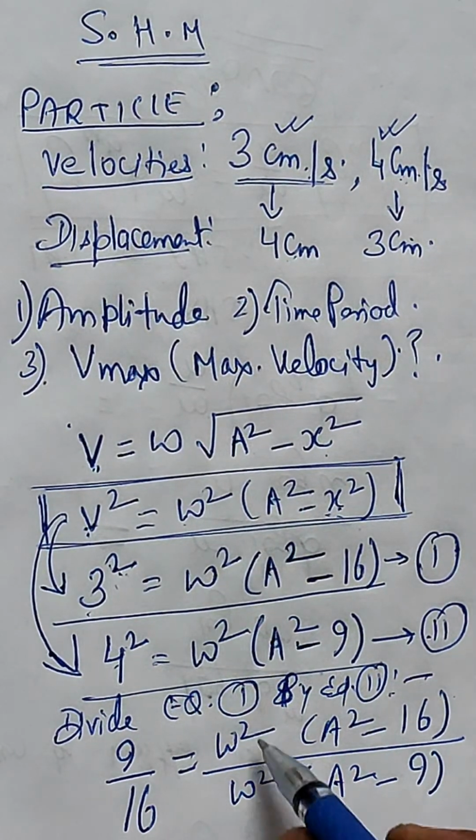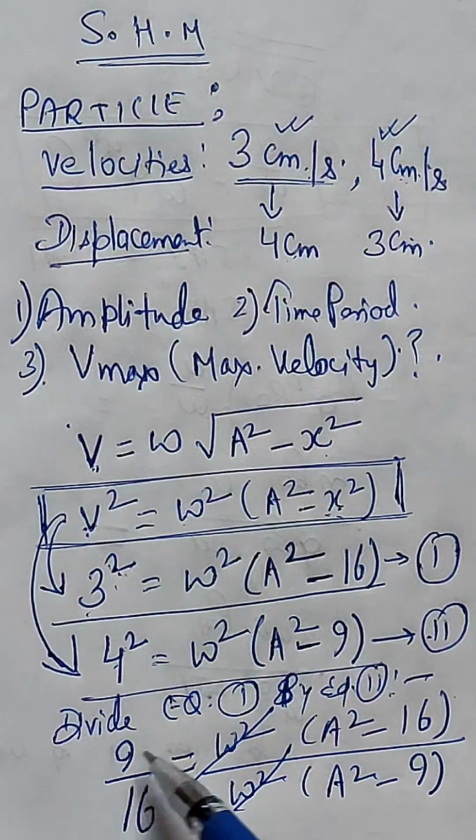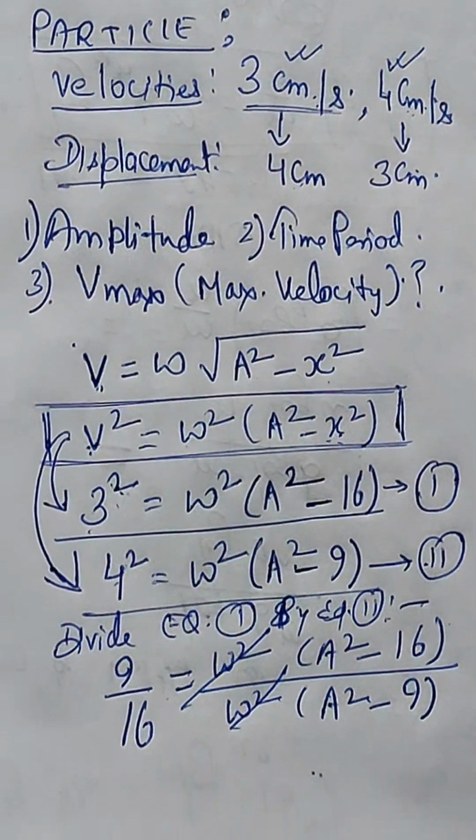So here you can see omega square and omega square will cancel out, and we have an equation in the form of a square. So from here a will be calculated.